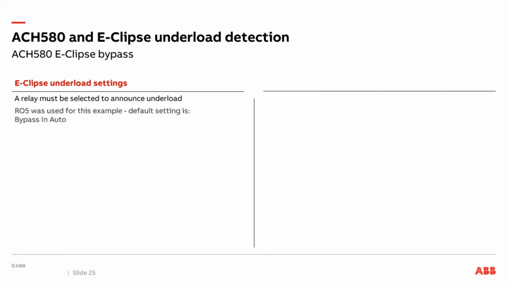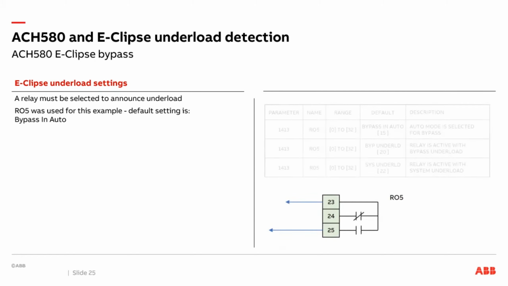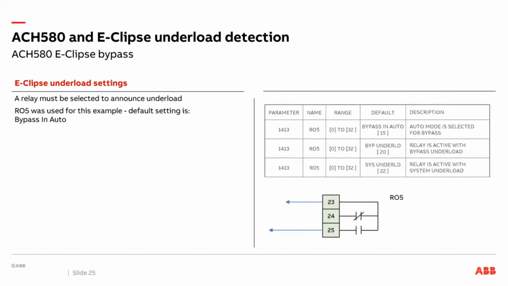Relay output 5 was used for this example, and the default selection is bypass and auto. The chart shows 2 possible selections for underload, and as the name implies, selecting bypass underload will change the relay only when the underload is detected in bypass.